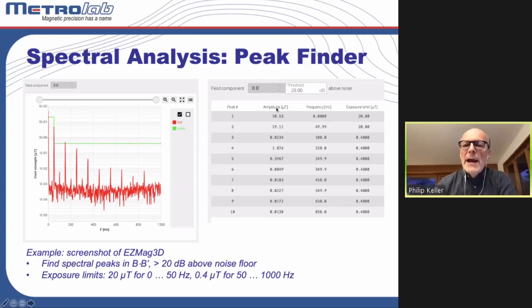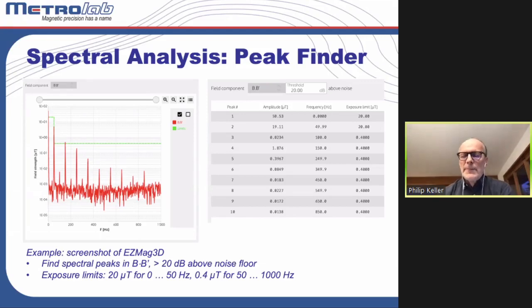And it'll give you the amplitude of that peak. And you can also set some sort of an exposure limit, which is shown here in green. And it'll complain to you when you exceed that exposure limit. So this is all stuff that can be done in real time these days. It's just quite nice. Okay, so that's spectral analysis.